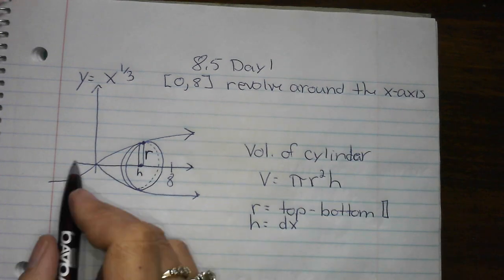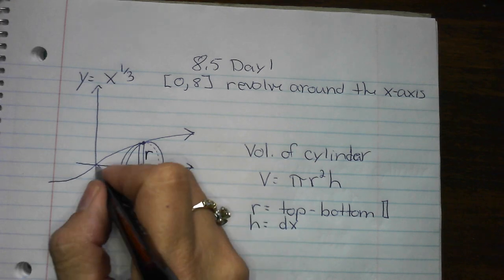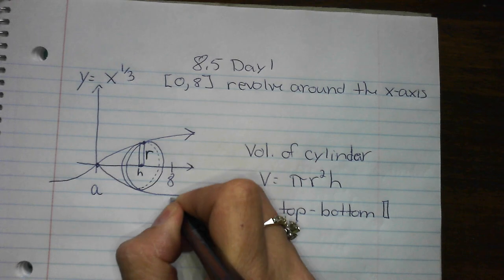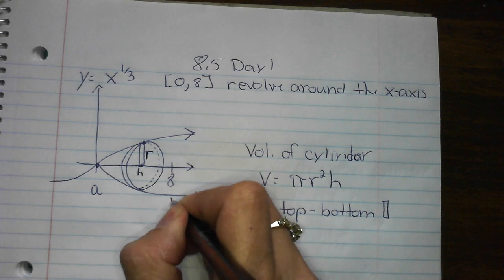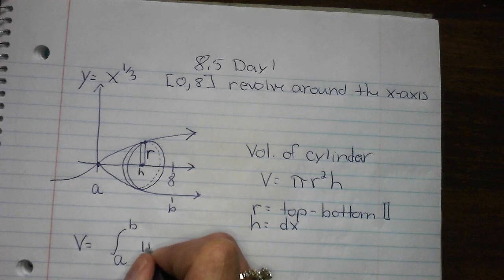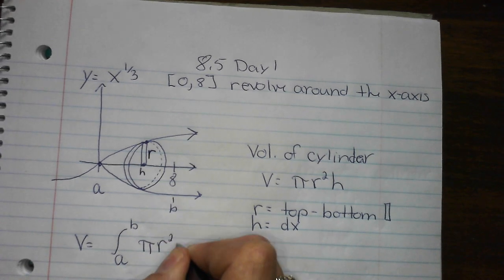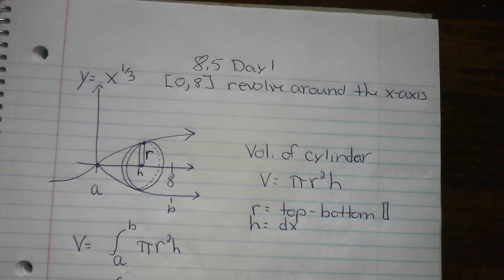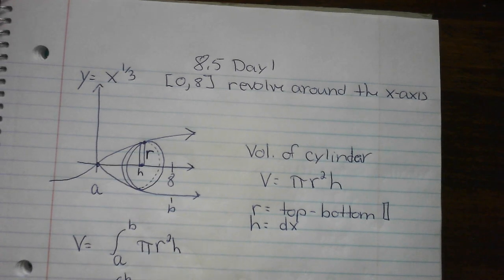So from a starting value, which we'll call a, to an ending value b, from a to b of pi r squared h. So a to b pi.